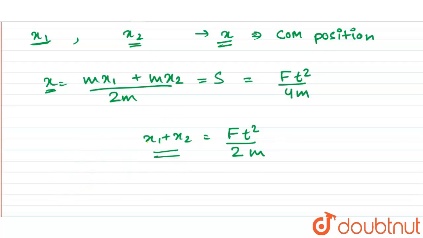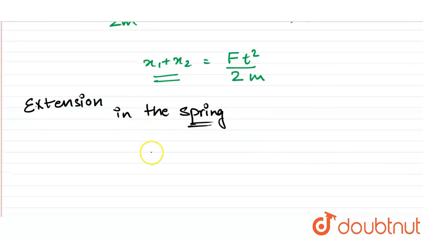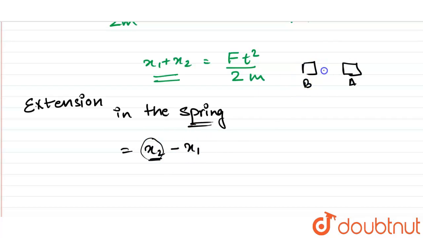Now talking about the extension in the spring. Extension in the spring is going to be what? x2 minus x1, because distance traveled by x2, suppose this due to block A, the extension in the spring is x2, but in the same direction block B will travel, so the compression in the spring will be x1.